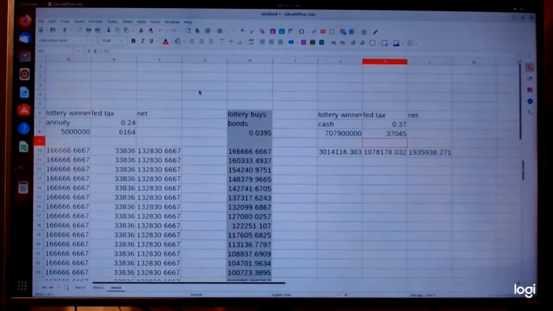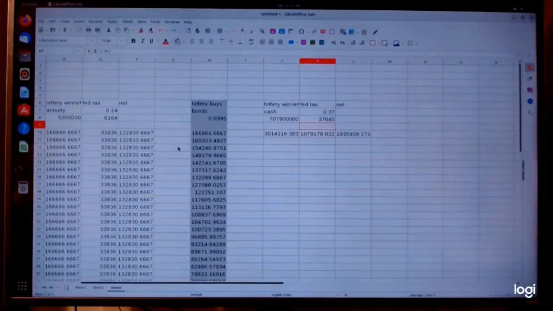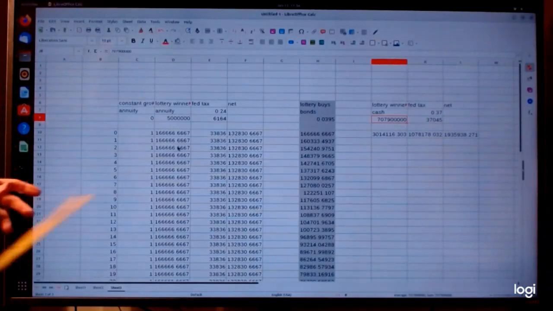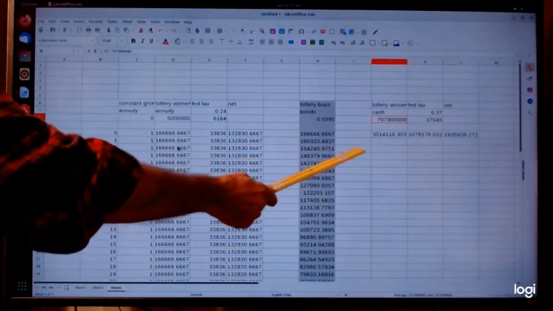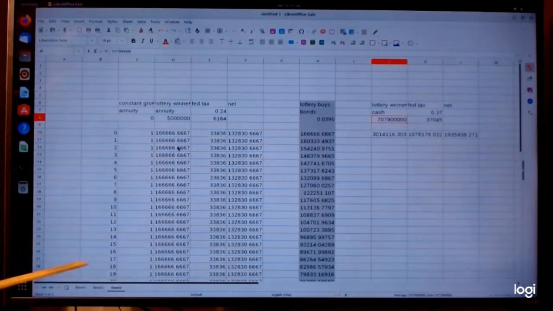Now I am going to slow this down a little bit. So we estimate that the cash, the present value of that annuity, that's just level payments there, is what, 3 million.